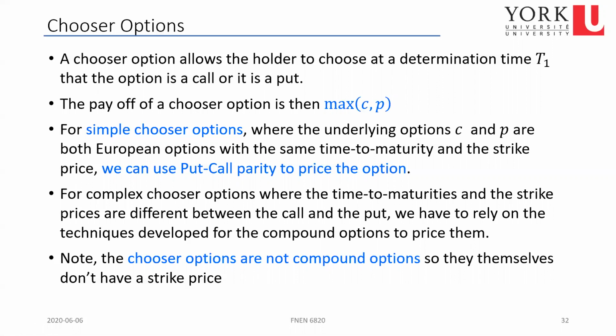The question is whether it becomes a call with a given strike and maturity, or a put with a given strike and maturity. But there's no chance that the chooser option, at maturity, will have a value of 0, because it will become an option, and that option will always have some positive value.